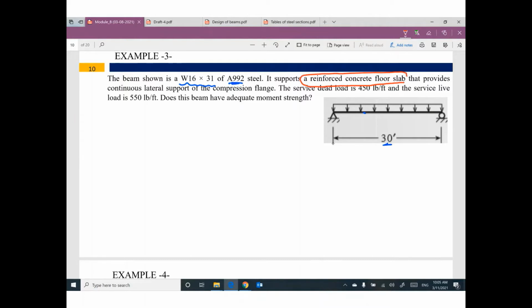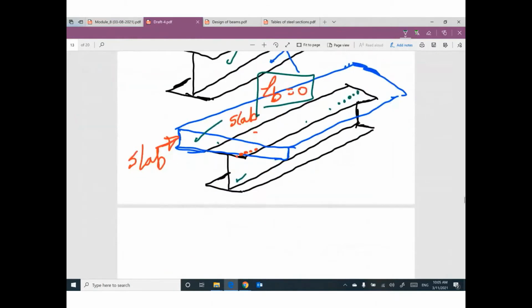Anybody can tell me what is the information from this one? It supports a reinforced concrete floor slab. If the steel beam is supporting a reinforced concrete slab, that means every single inch of this beam is supported laterally.